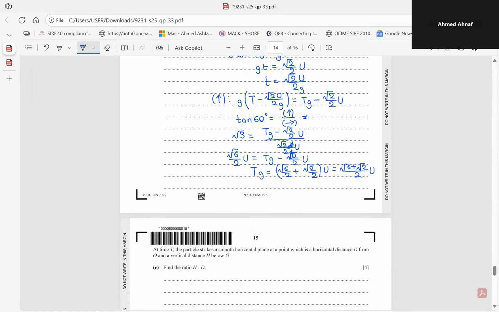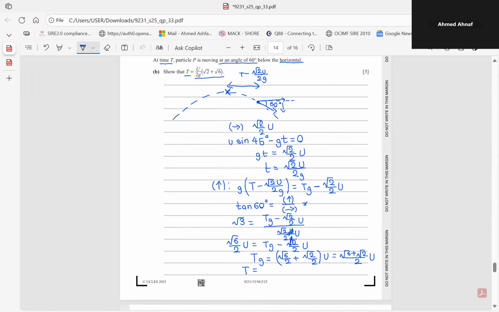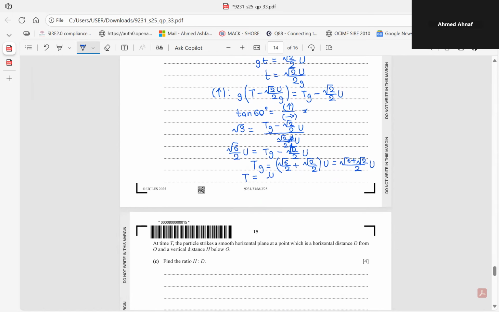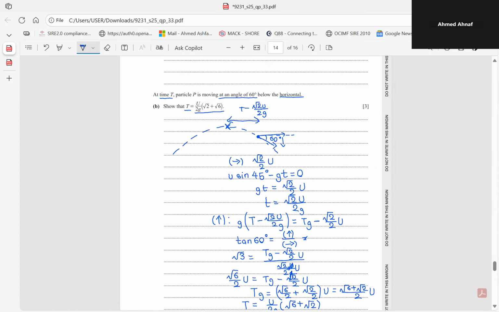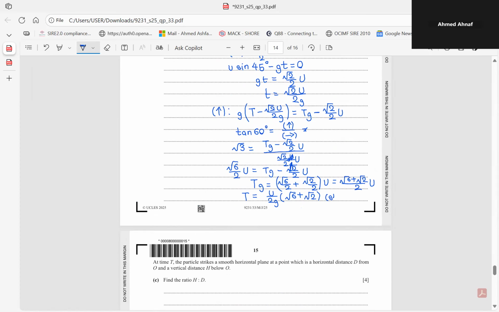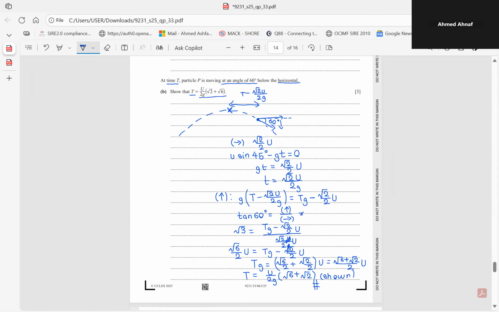Okay, and now divide both sides by g, you will get u over 2g times square root 6 plus square root 2. And this is the result that they want us to show, so we can write shown. So this is our final answer for the second part.